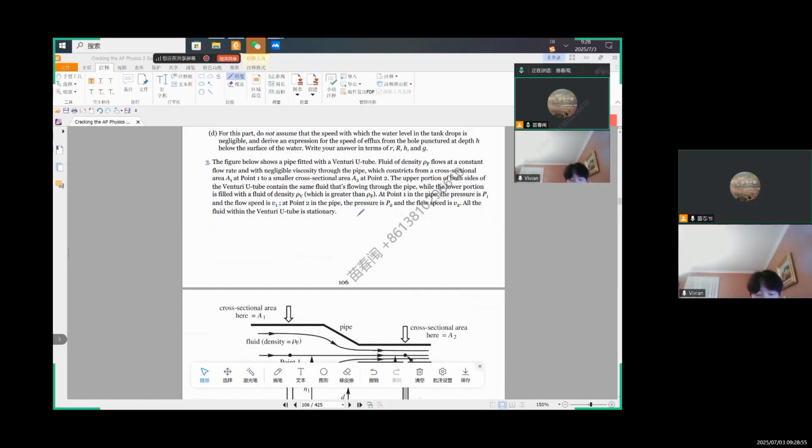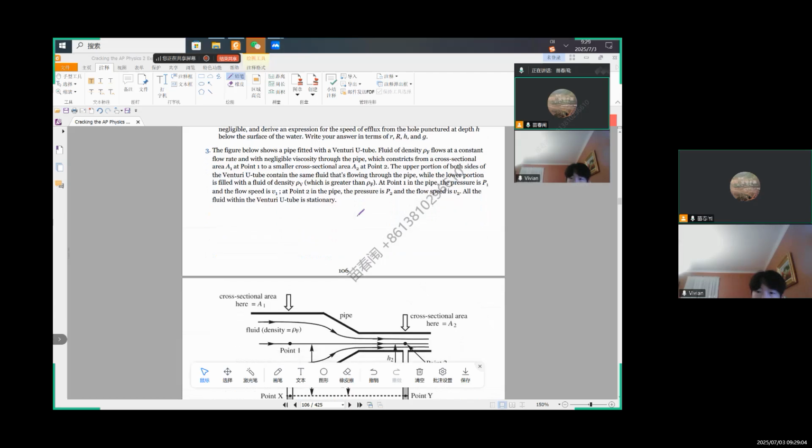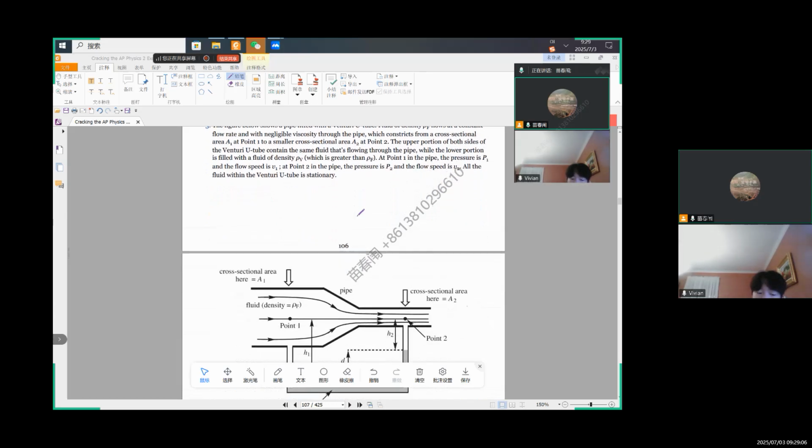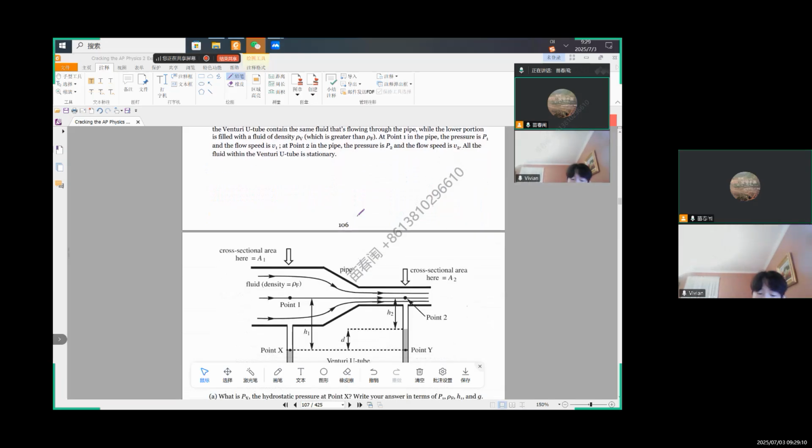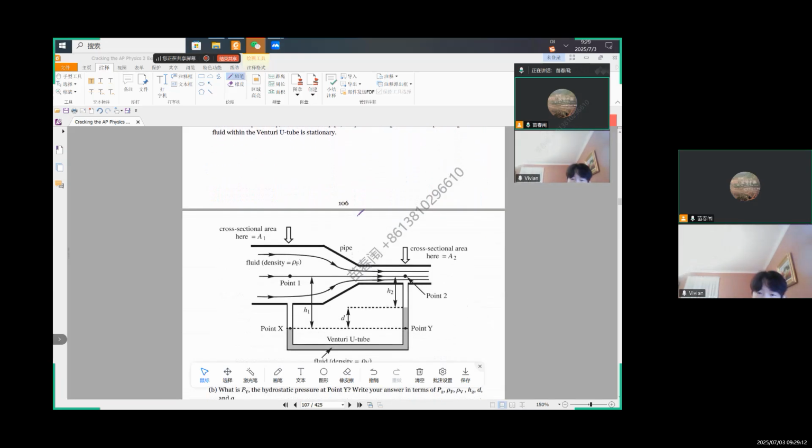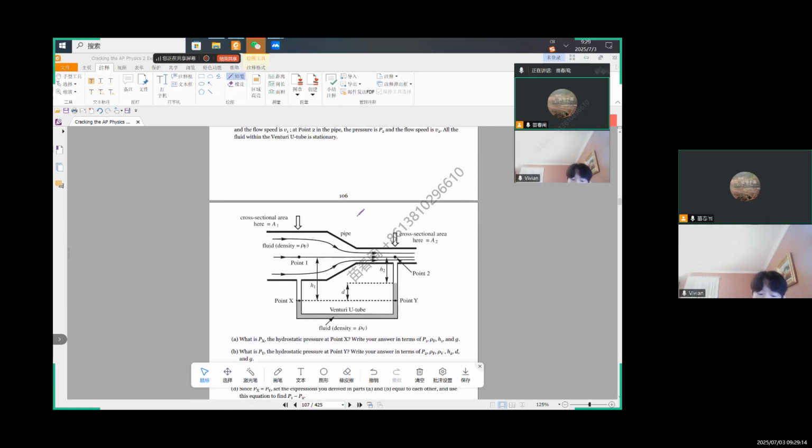The lower portion is filled with fluid of density rho V, which is greater than rho F. At point 1 in the pipe, the pressure is P1 and the velocity V1; at point 2, P2 and V2. All the fluid within the tube is stationary. Let's see the first one. What's the PX at point X?